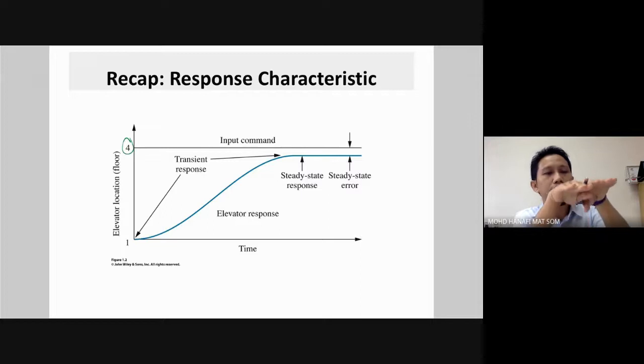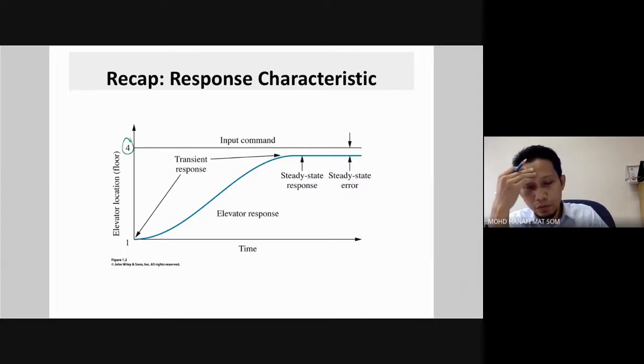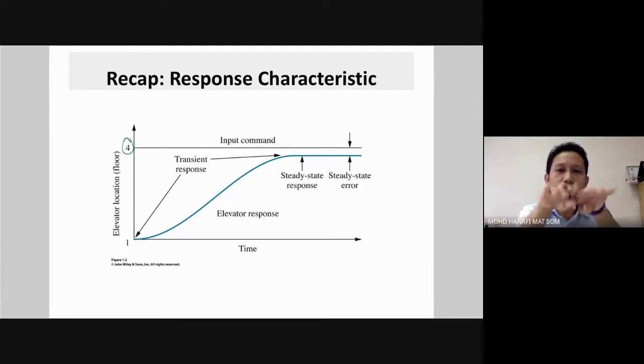If the elevator is on the same level as the floor, the steady state error equals 0. There is no difference. But if the elevator stops slightly below or slightly above the 4th floor, you will have some error, meaning the given input minus the final output. That is the steady state error. This is the given input, and this is the final output of the system. The value here is the steady state error. Any question?